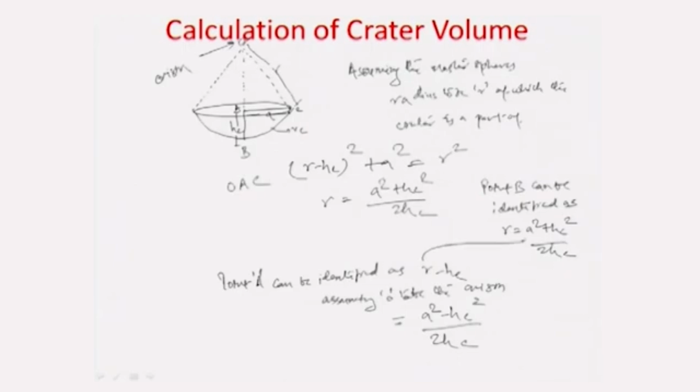R, as you already know, is given by (a square plus Hc square) by twice Hc. So then it just boils down to a simple problem of integration. Let us assume this crater to be present like this, okay. We have just twisted the sphere upside down.